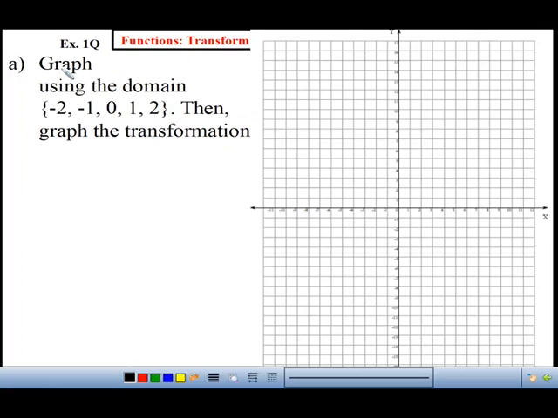It reads graph, and then you're going to write f of x equals x, using the domain -2, -1, 0, 1, 2, then graph the transformation g of x equals 2x minus 5. Copy that, and then we'll get started. Okay, I'll give you guys some time. Hurry up, please.